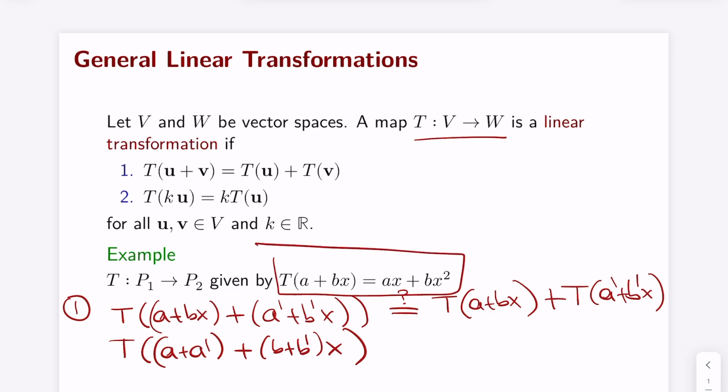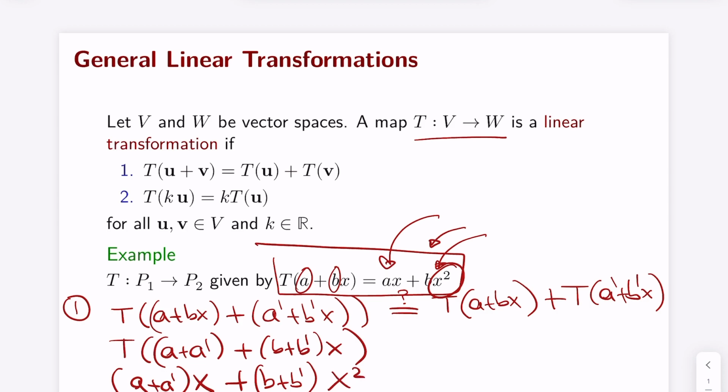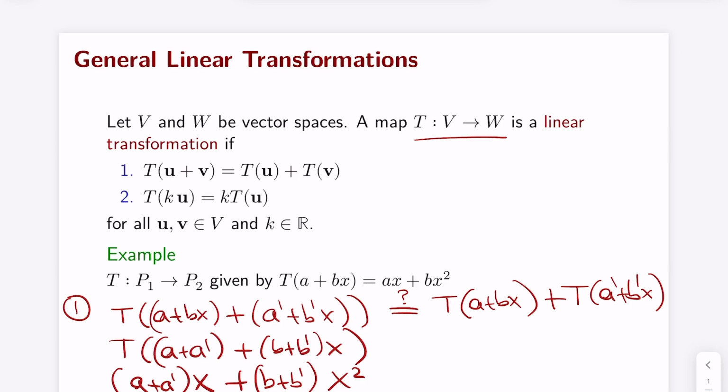It's taking a polynomial that has a component plus another component times x. What does it do? The first component times x, so in this case will be a plus a prime times x. Plus the second component, that in this case is b plus b prime, times x squared. So this is what this transformation does.